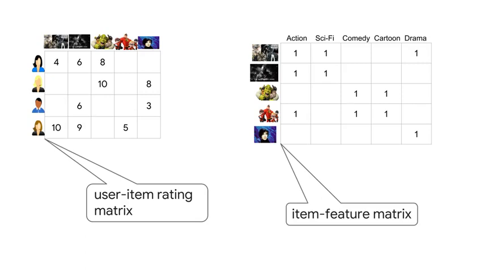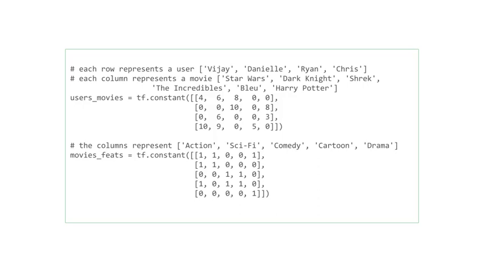Each row corresponds to a single movie, and a 1 indicates that the movie fits that genre. We can initialize these as constants in TensorFlow by creating constant tensor values for our movies and for our movie features. To do that, we use tf.constant to create two rank 2 tensors with the values for the user item rating matrix and the movie features from before hard-coded.